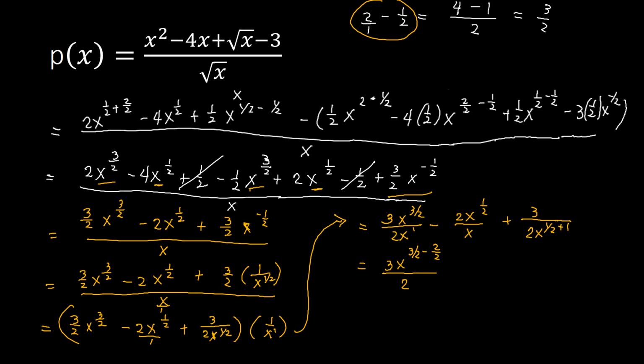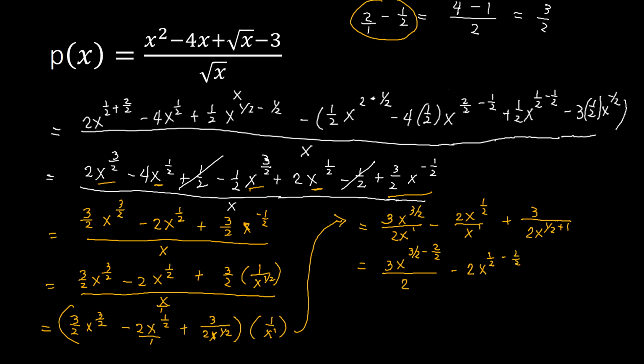And the next one here is we have minus 2. And then x to the power of 1 half minus 1. This is with 1 here. So that's 2 over 2.